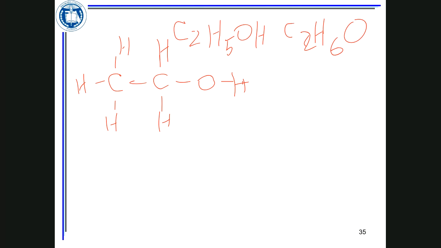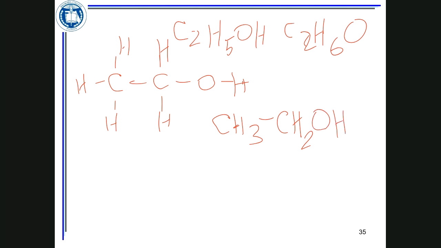Another formula that is used in organic chemistry, because you see it takes time to draw all this, is the condensed structural formula. When it's a condensed formula, you're not going to show the bond between carbon and hydrogen. You just say there are 3 hydrogens bonded to this carbon, 2 hydrogens bonded to this carbon, and 1 OH bonded to this carbon.